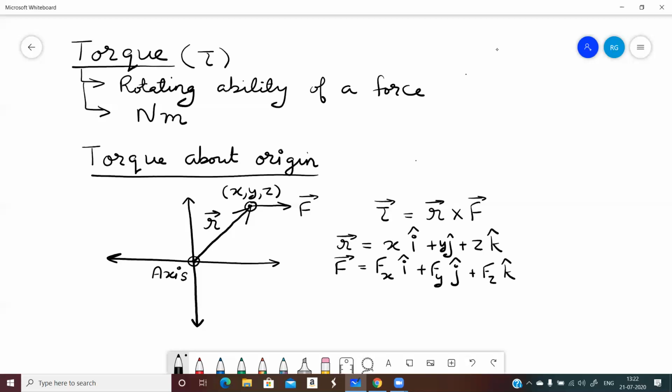So to find torque, or R cross F, we make a determinant notation.